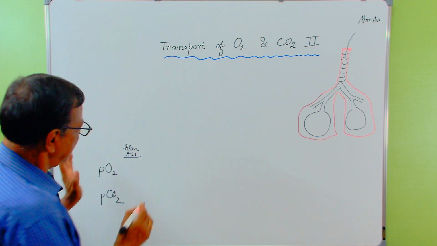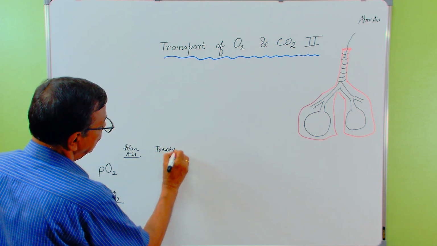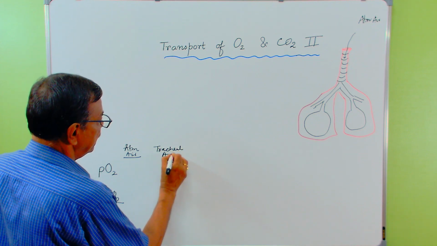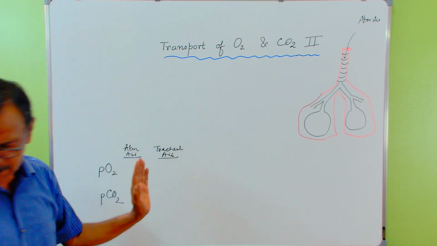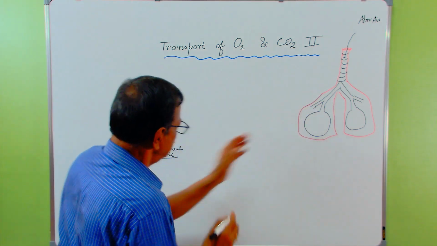Then it passes through trachea. Tracheal air. It comes to trachea. Then from trachea, it comes to alveoli.